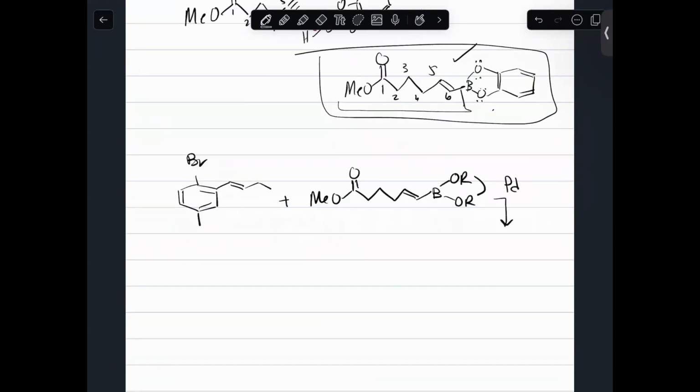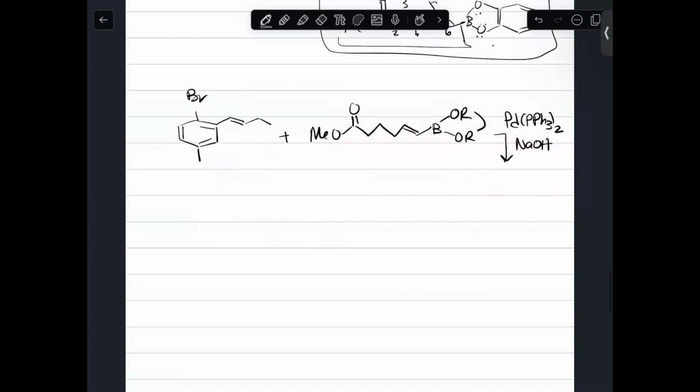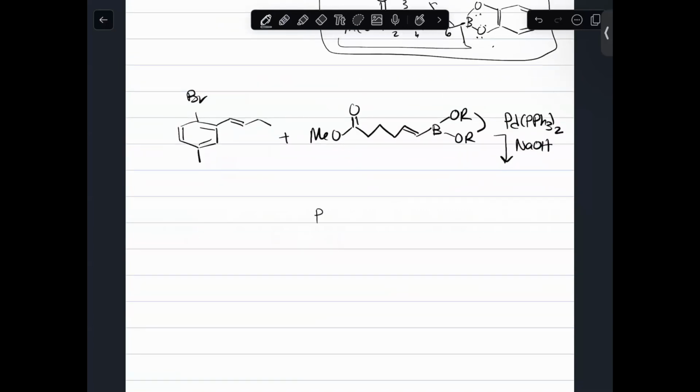We use our palladium catalyst, and our base. And so just like before, as always, our first step is oxidative addition.